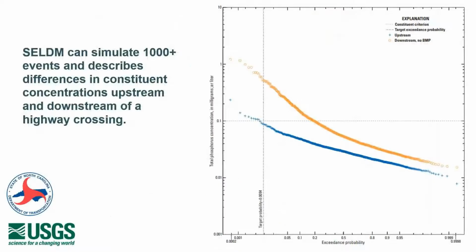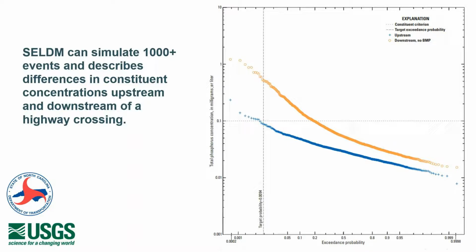This is just an example, a screenshot of what an output from one scenario might look like. Each dot, either the blue plus sign or the orange circle, is the outcome of an event, where the blue is the concentration coming from the upstream basin. The orange might be the concentration downstream if there was no best management practice controlling runoff from the highway.